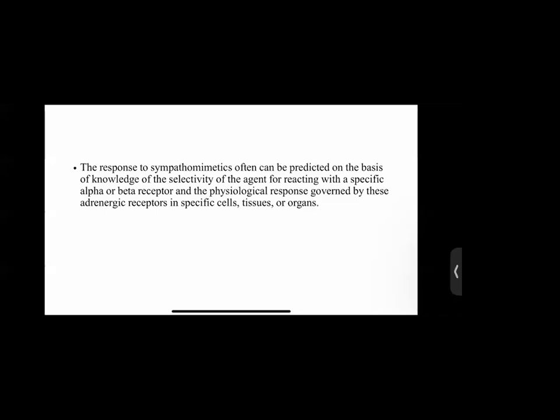So the next slide, the response to sympathomimetics often can be predicted on the basis of knowledge of the selectivity of the agents. That is the selectivity, whether it's alpha 1 or alpha 2. Some can have all of them, but some have more action on a particular receptor.